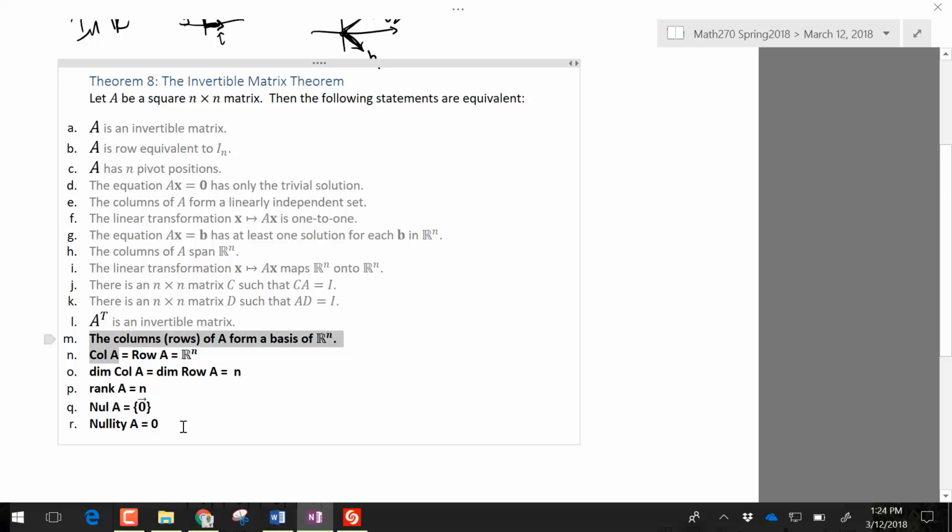Anyways, if all these are true, then your matrix is invertible. You can find the inverse for your matrix. So this just adds on to it, and when we get to determinants, we'll add one more piece of information.